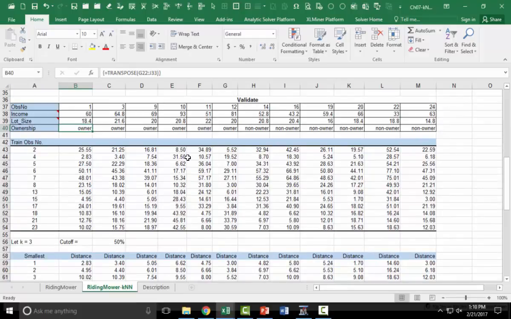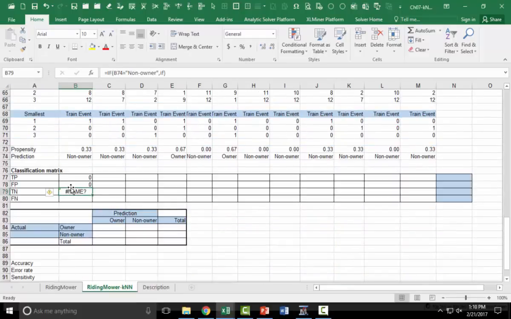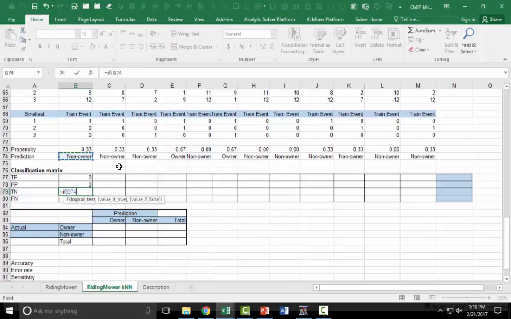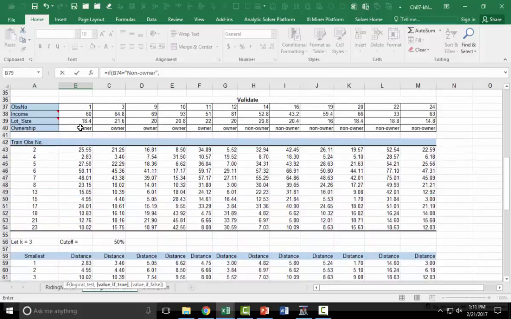So if B74 is non-owner, comma, B40 is also non-owner, then we have a true negative, otherwise not.